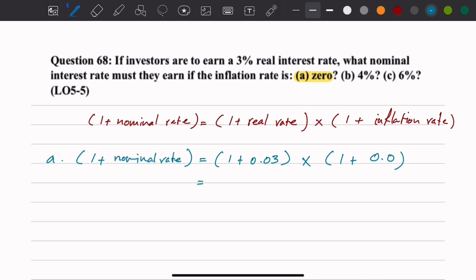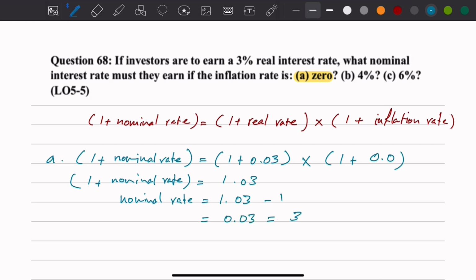So this is going to equal 1.03. Okay, so 1 plus the nominal rate, and that means the nominal rate in this case is going to equal 1.03 minus 1, which is equal to 0.03, which is equal to 3%.